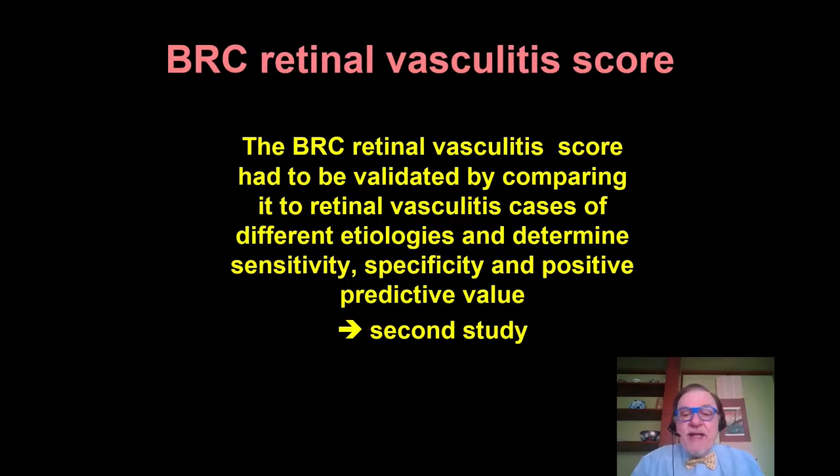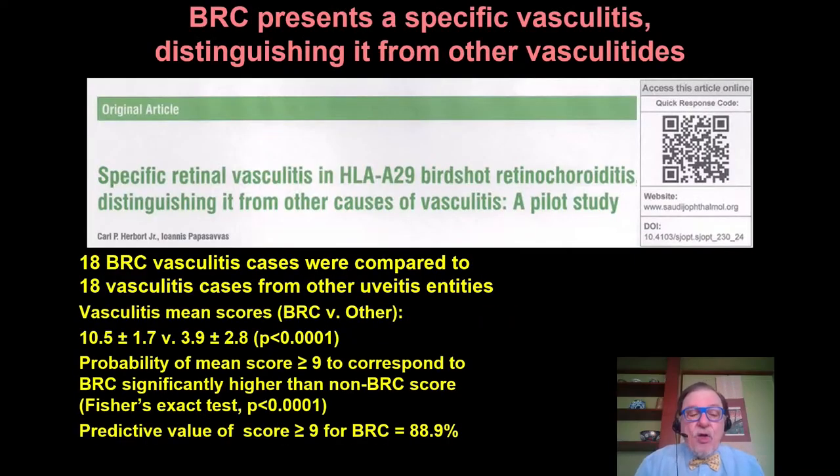Now, the birdshot retinal vasculitis score had to be validated by comparing it to retinal vasculitis cases of different etiologies and determine sensitivity, specificity, and positive predictive value for these findings. We performed a second study, and as told before, we chose 18 cases of birdshot vasculitis and 18 cases of vasculitis from other uveitis entities.